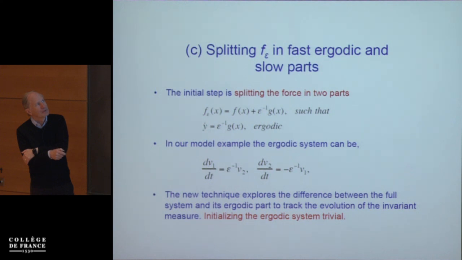instead of looking at the variables, fast and slow variables, to divide the forcing function up into a slow and a fast part. So in our case, you would have this belonging to the fast part and the other extra variable to the slow part. In this way, the initialization is not necessary.